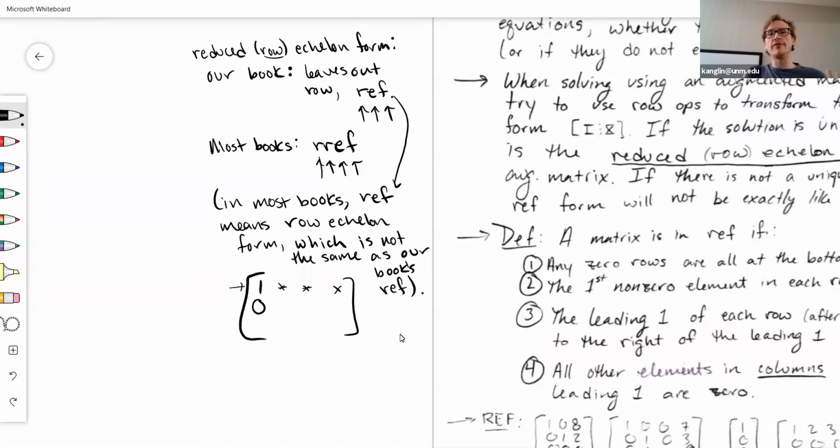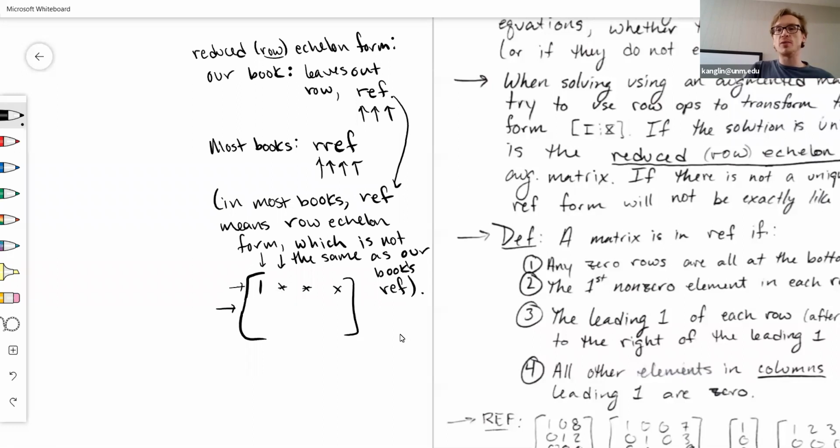So if the leading 1 in the previous row was in the first column, in the next row, the leftmost column that I can have my leading 1 in would be here, to the right of the previous one. So something like this is acceptable. Something like this would not be acceptable. That's no good.